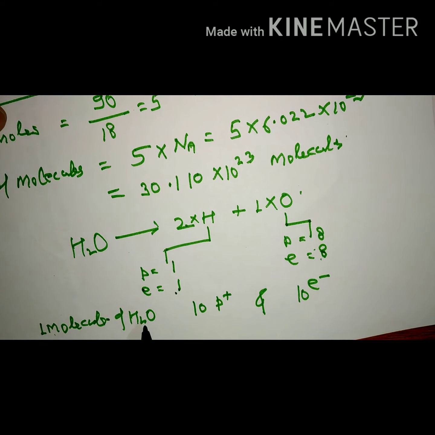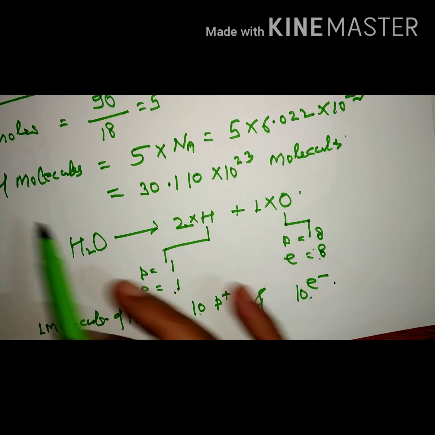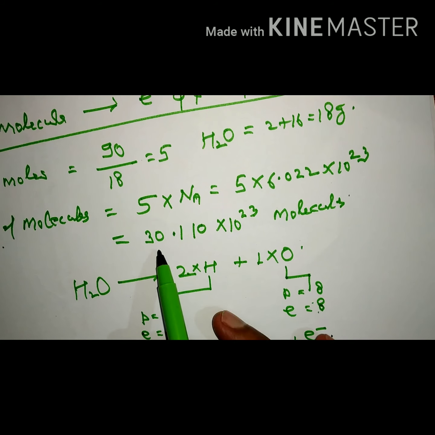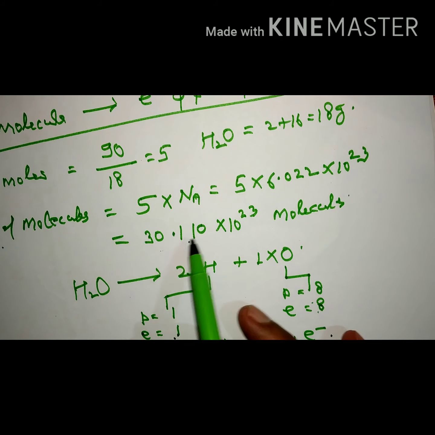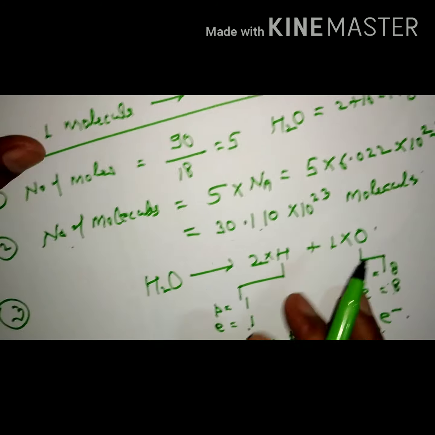So in one molecule of H2O we have 10 protons and 10 electrons, and the total number of molecules we have is 30.110 into 10 to the power 23 molecules.